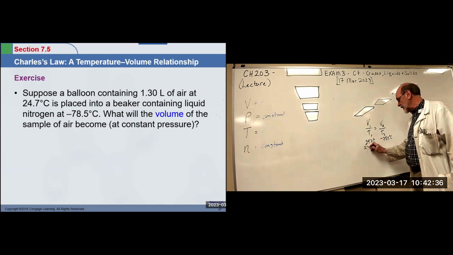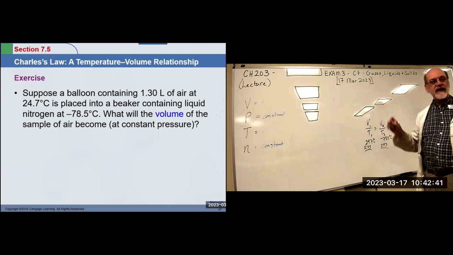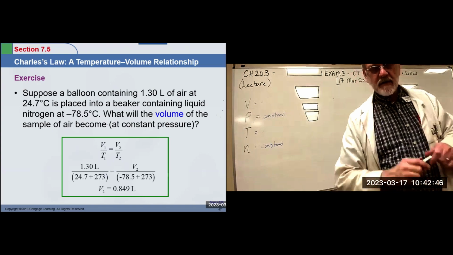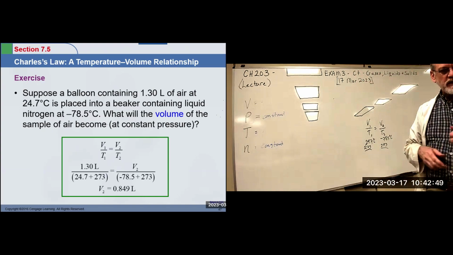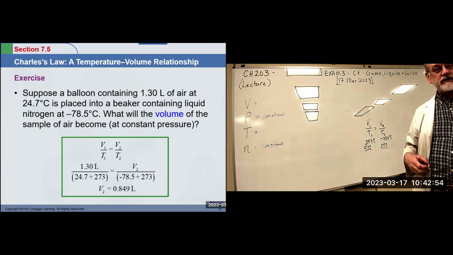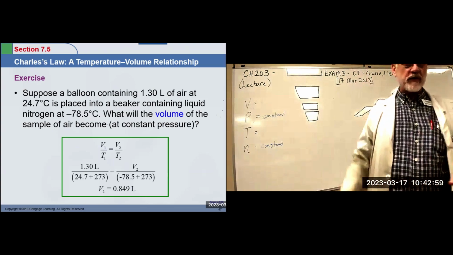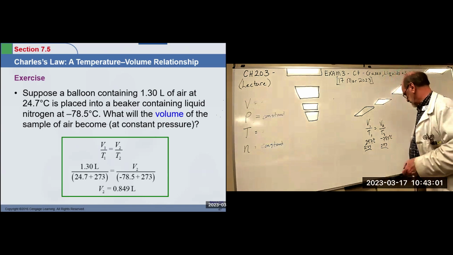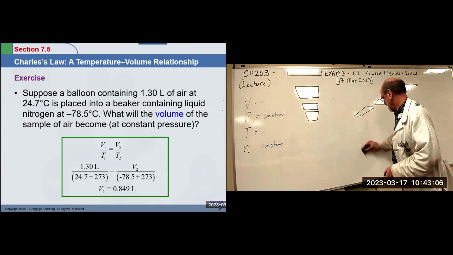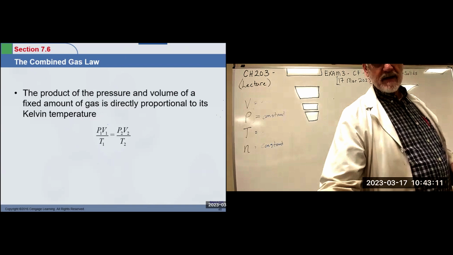We got to add 273 to that. We add 273 to this one. Now we got all positive values. And once we've done that, we can plug them into the equation and determine that the new volume is, in fact, less than the original at 0.849 liters. It decreased from 1.3. All right. That was Charles' law.